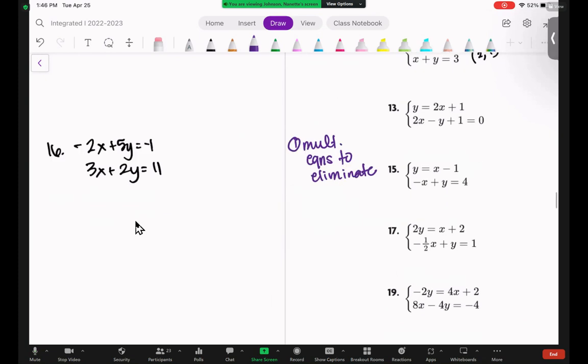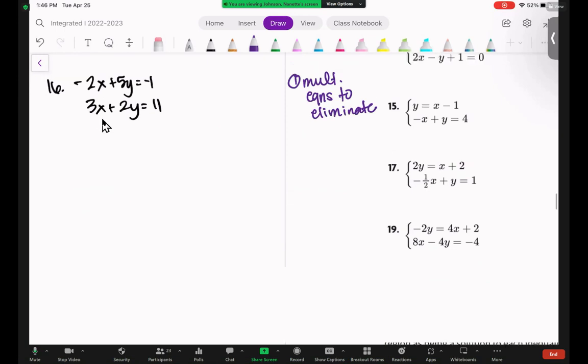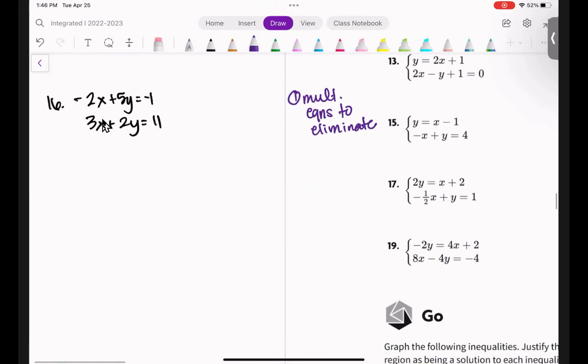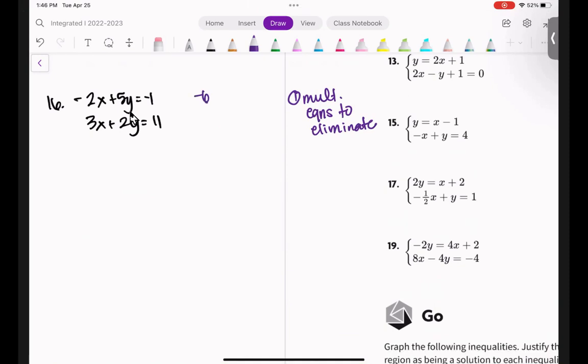Okay. So in this case, can you think of a number that -2 and 3 both go into? Perfect. Someone said 6. So I'm going to make the top a -6x and the bottom a 6x.